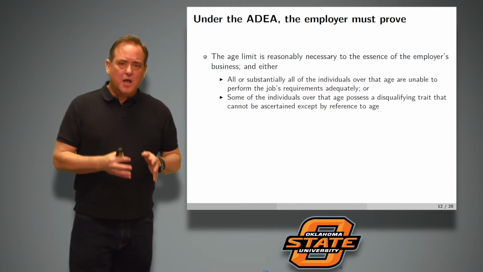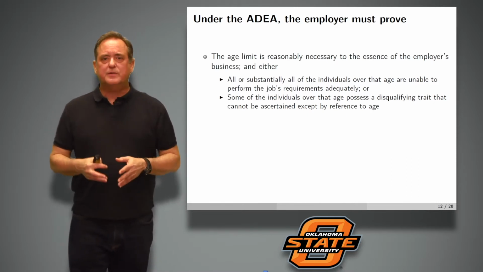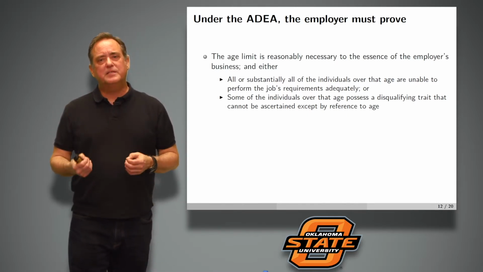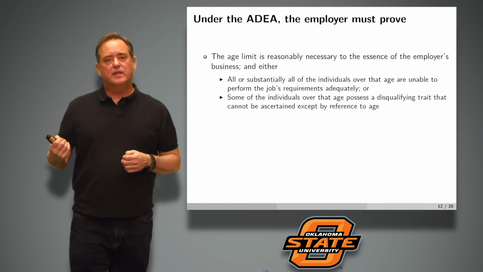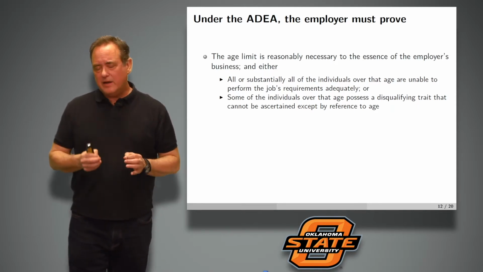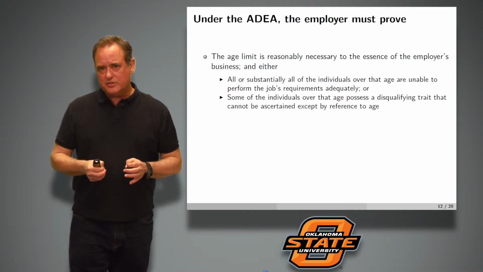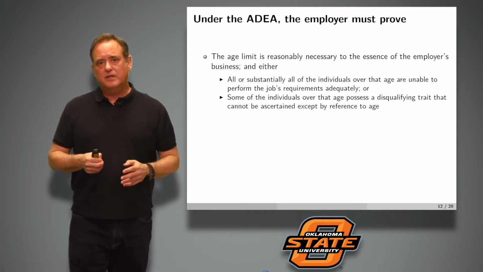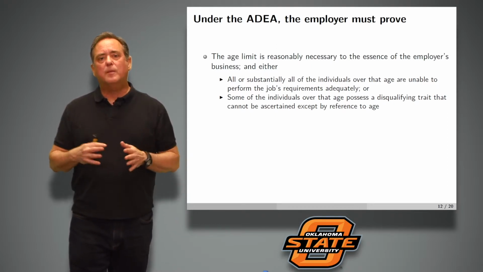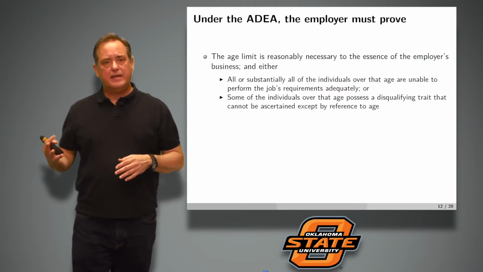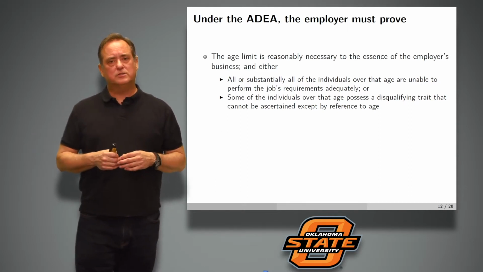Meaning that if some of the members of the protected class have some disqualifying trait, and we can only ascertain that trait by reference to age, then I can arbitrarily eliminate people over a certain age.